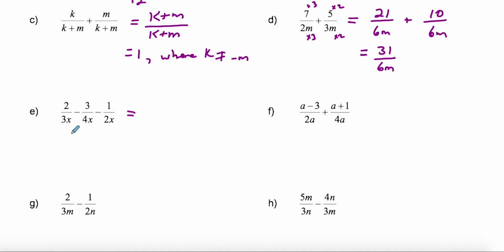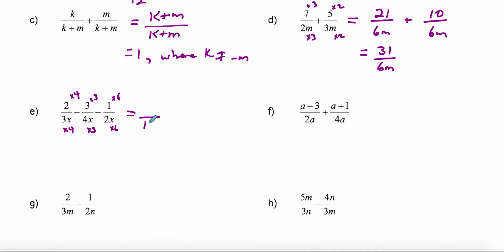Here again, I need a common denominator. I'm looking for the lowest common denominator, which could be 12x. So I'd have to multiply here by 4. I'd have to multiply here by 3. And this term I'd have to multiply by 6 to get common denominators.